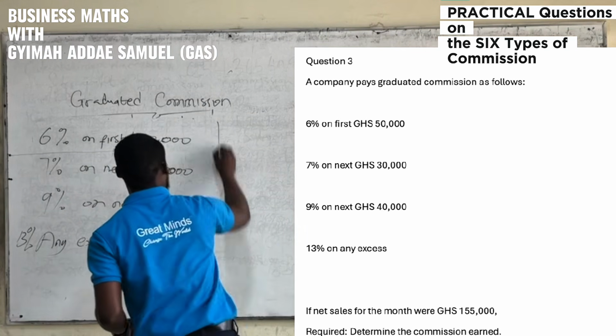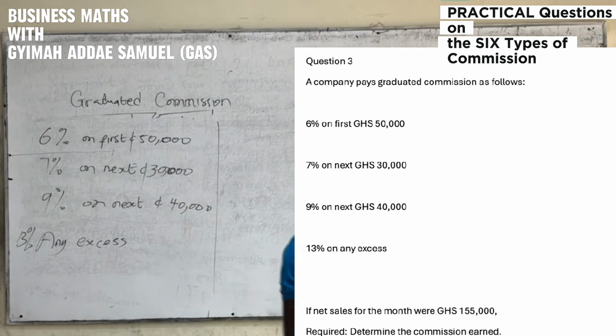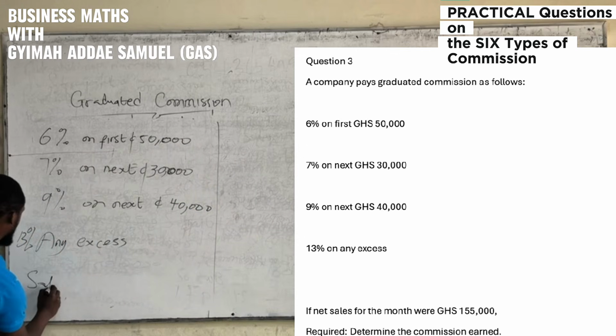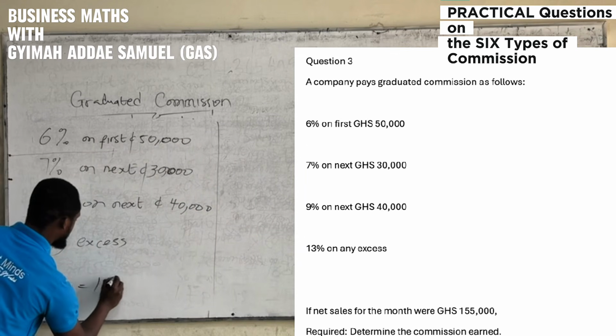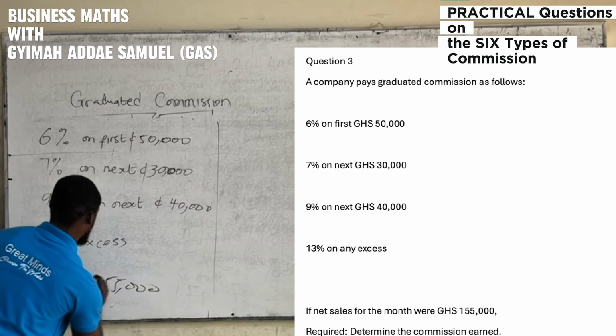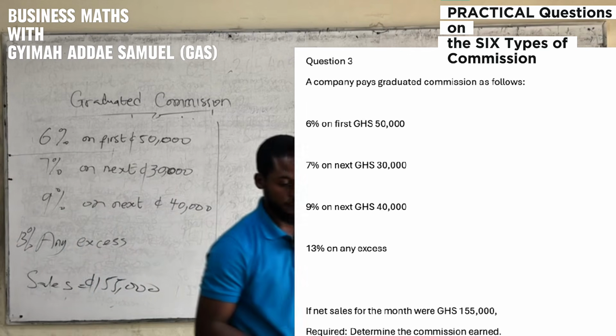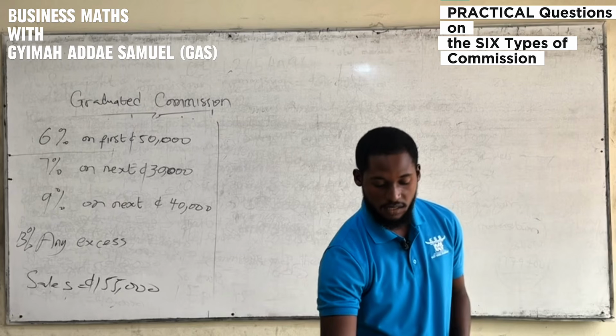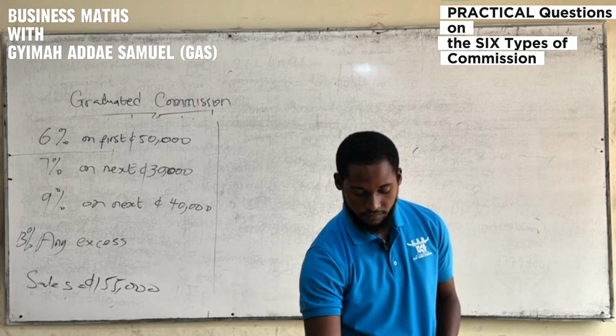So now it says if net sales for the month were 155,000. So the sales given is 155,000 Ghana cedis. Determine the commission earned.